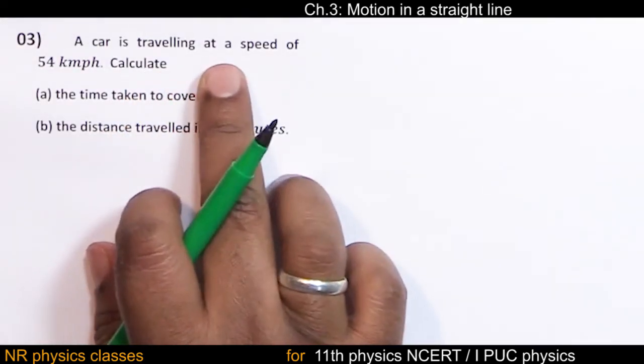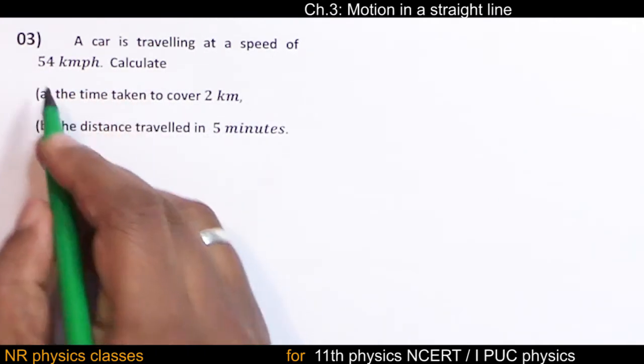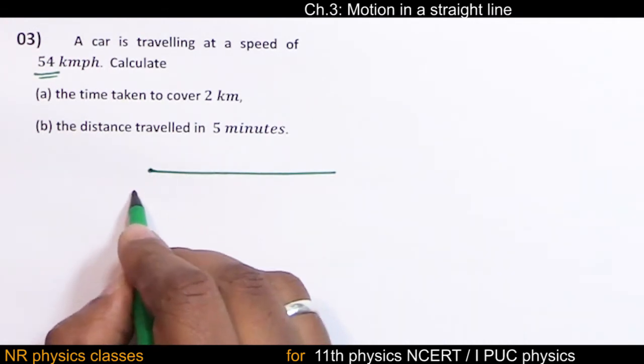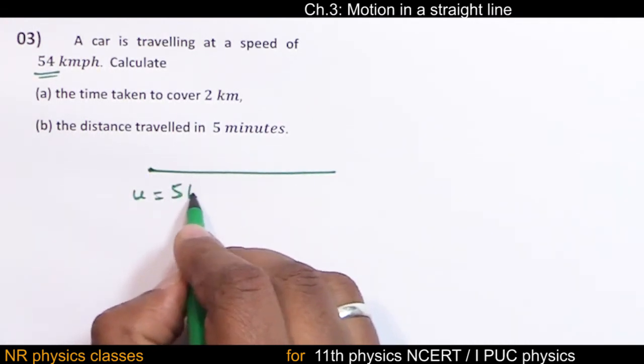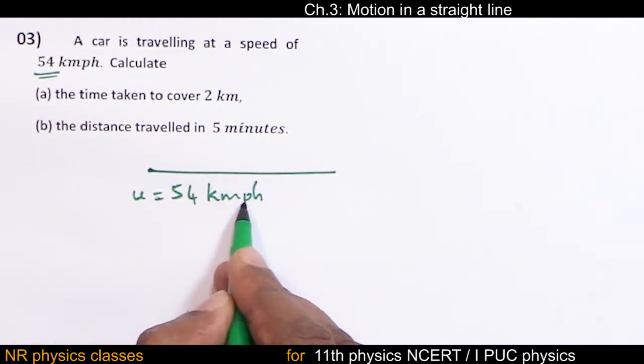A car is traveling at a speed of 54 km per hour. So this is initial velocity, 54 kilometer per hour.